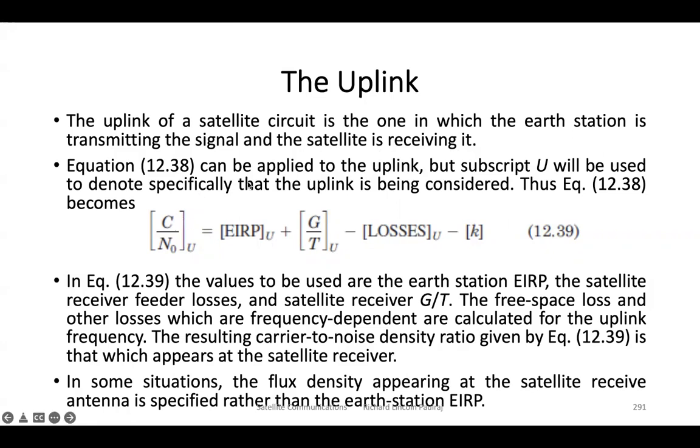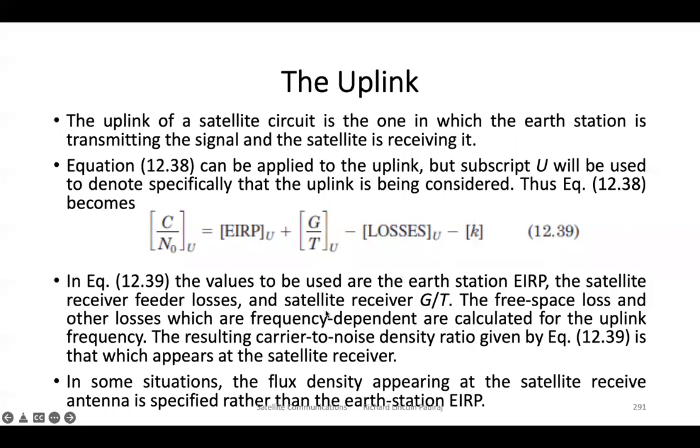So the subscript U is used, as I mentioned. In this equation, the values to be used are the Earth station EIRP, the satellite receiver feeder loss, the satellite receiver G by T, then free space loss and other losses.